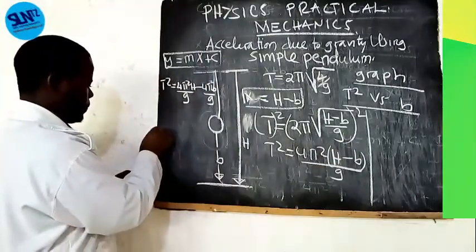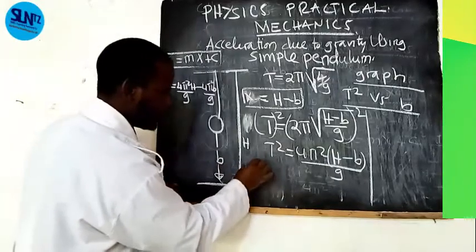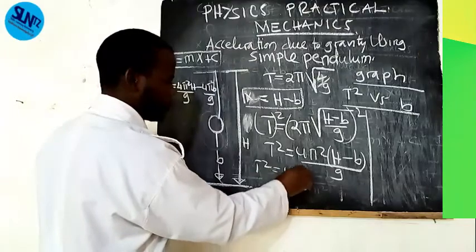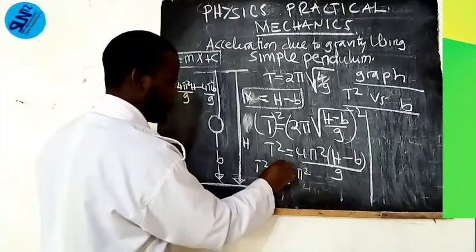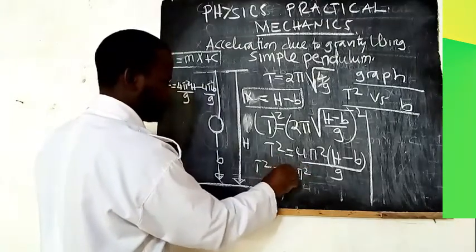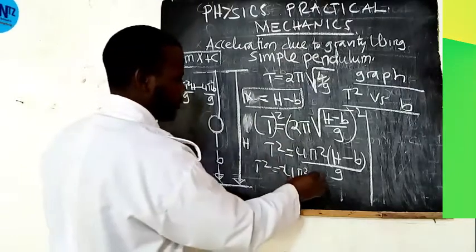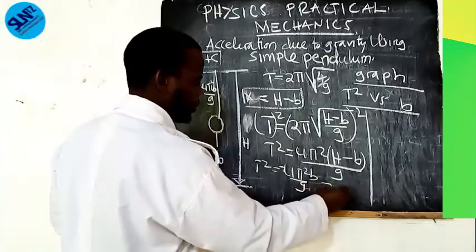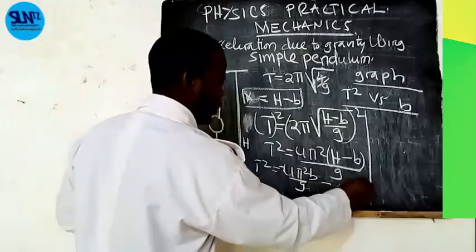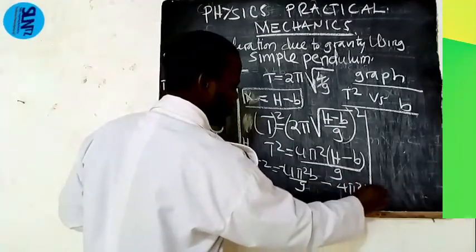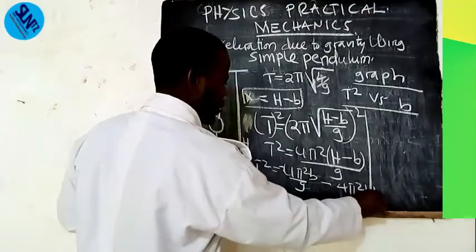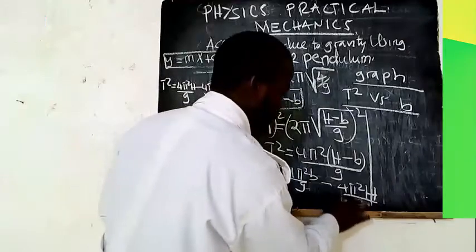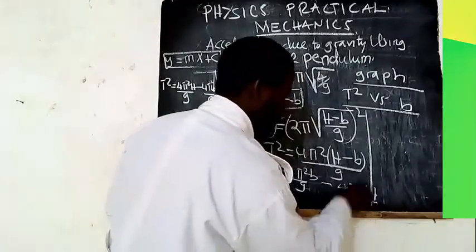Let's write here, T square is equal to negative 4 pi square b over g minus 4 pi square h over g, h over g.